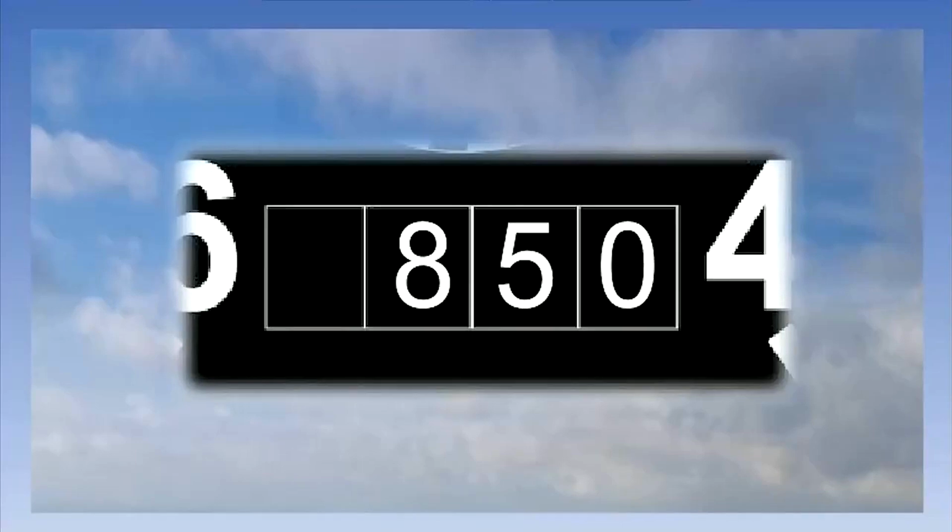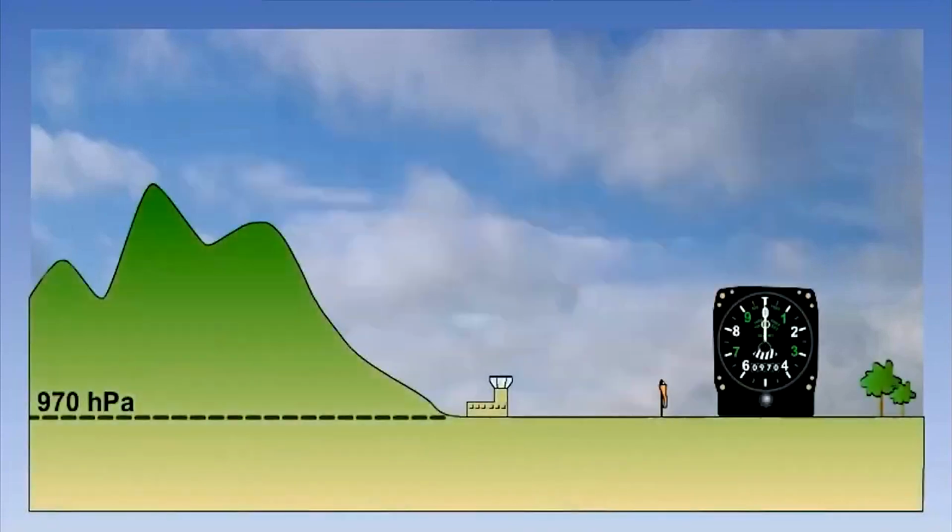We can solve this by having a variable subscale. In other words, we can manually select what pressure the altimeter will use as a 0 point. This scale is adjustable from 850 to 1050 hectopascals. Let's work through an example.